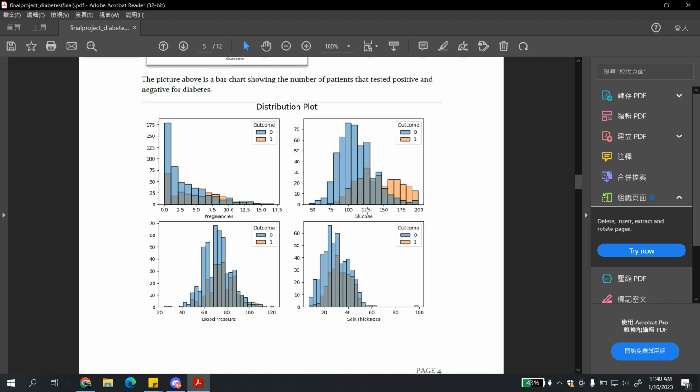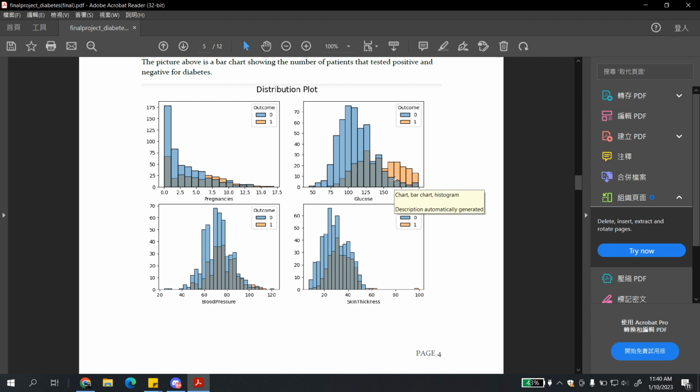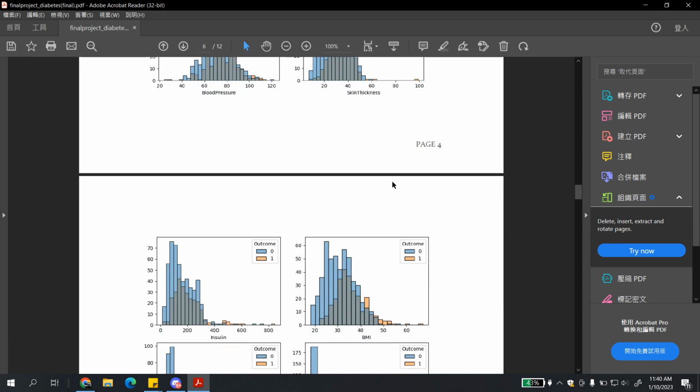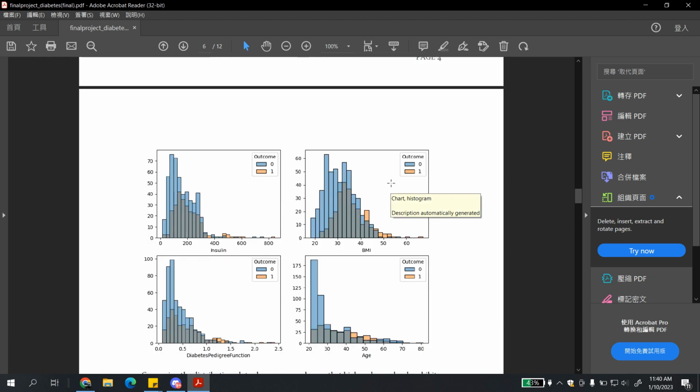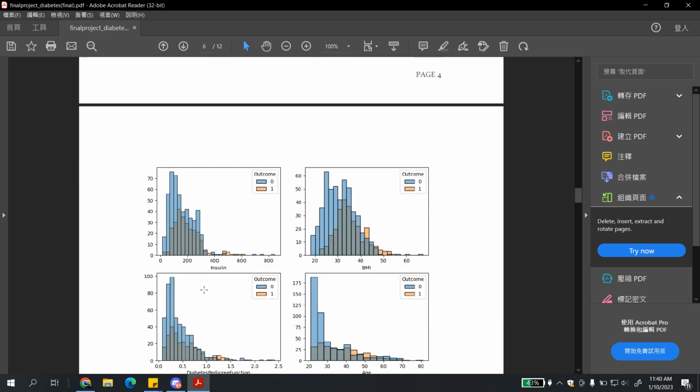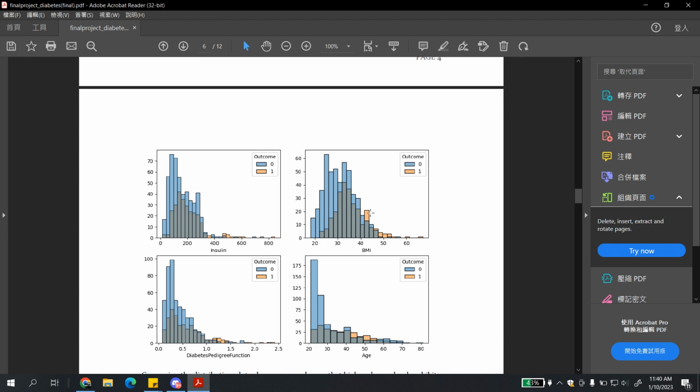Here it's very clear. What this shows is the higher the glucose levels in the body of the patients, the more likely they are to get diabetes. The rest don't seem to have any correlation apart from BMI.